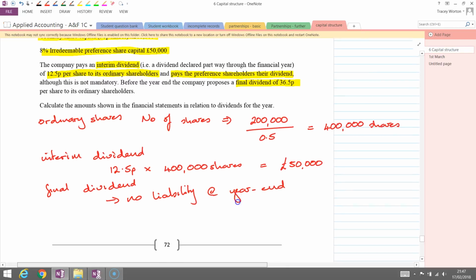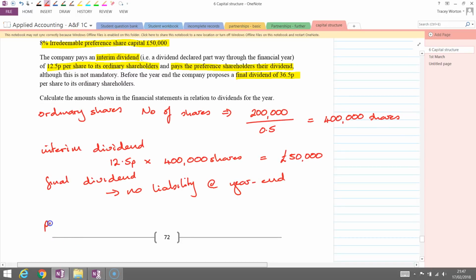And then we have the preference dividends. In terms of the preference dividends, we have £50,000 worth of preference shares, and we're going to be paying 8% in terms of our dividend payment. So we're going to be paying £4,000 worth of preference dividends.